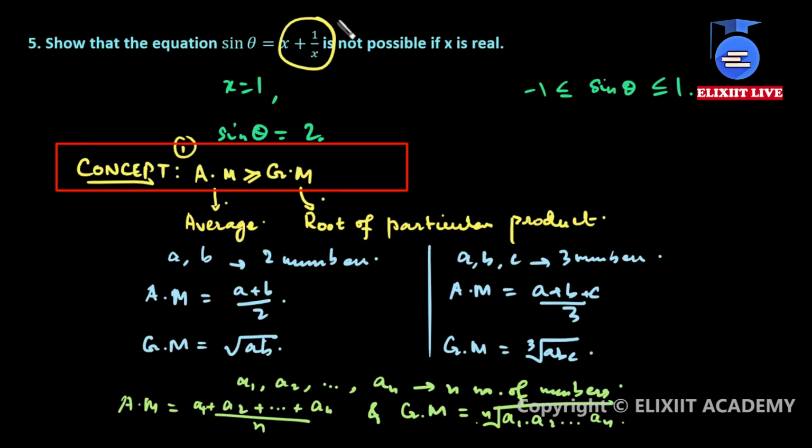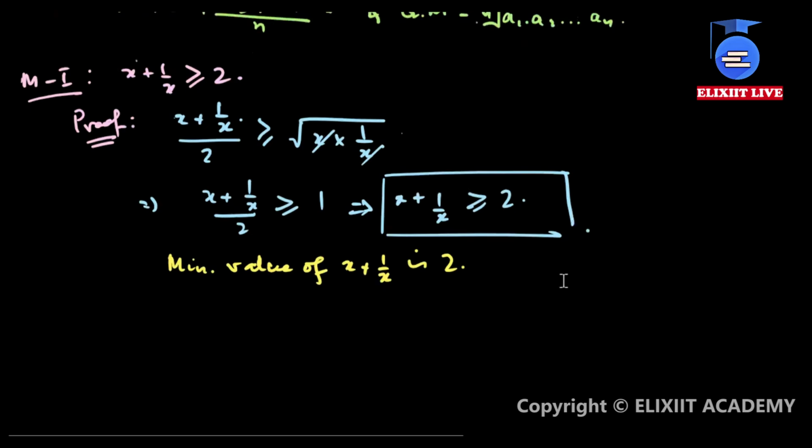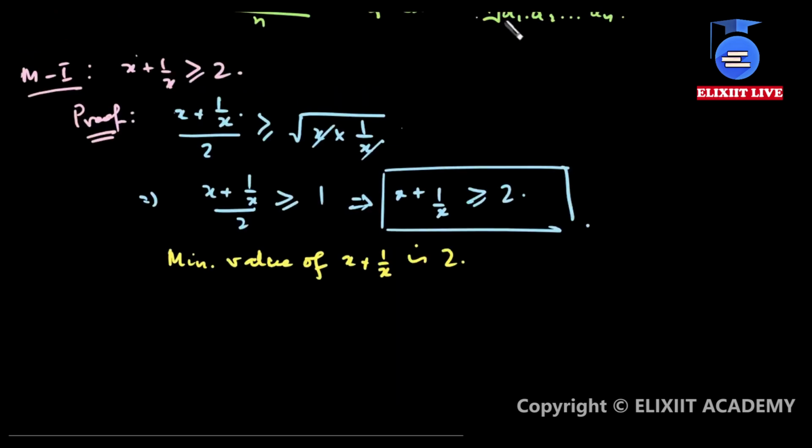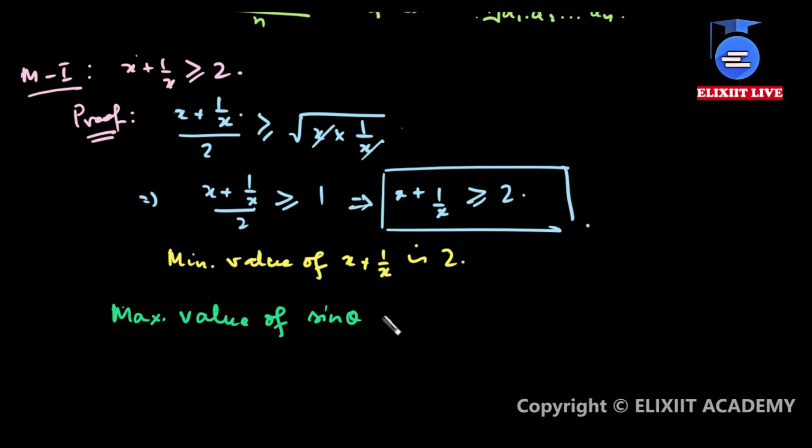Sine theta equals 2 will not occur. Sine theta is less than or equal to 1. The maximum value of sine theta is 1. So therefore, there are no solutions. No values of x will satisfy.